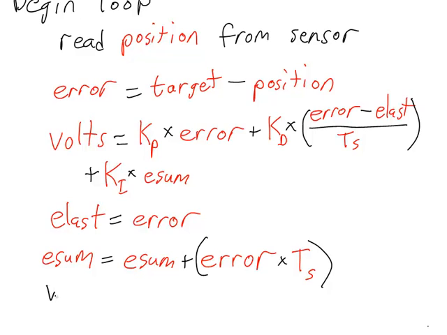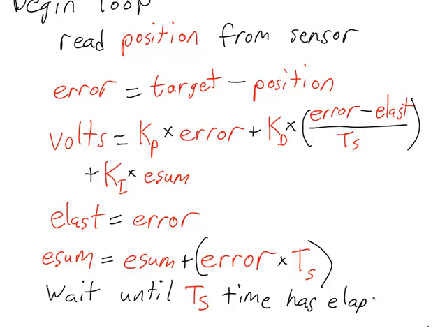I'll say wait until TS time has elapsed. And way up in the beginning of the loop, I need to say begin timing.